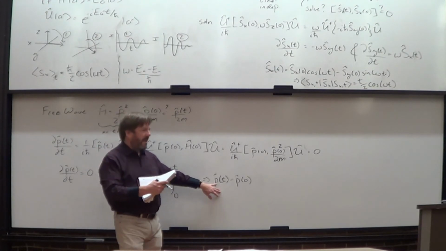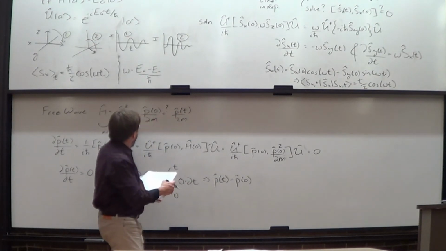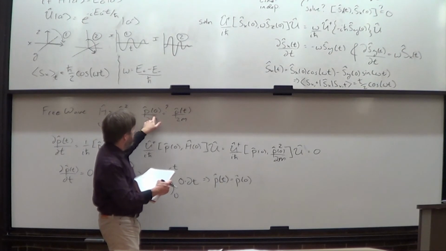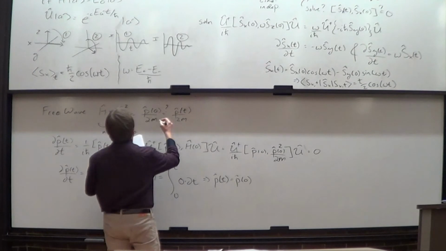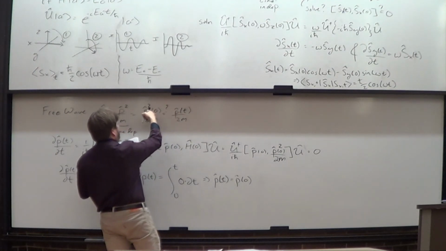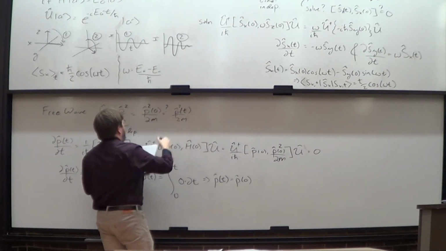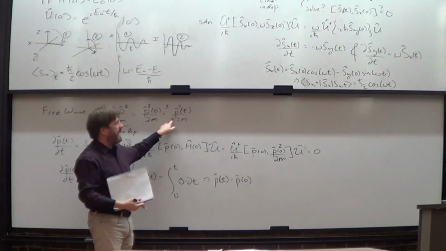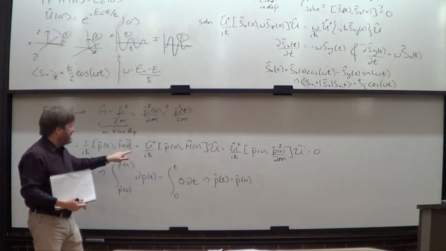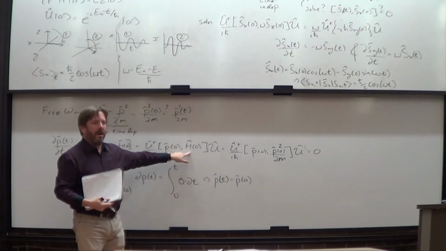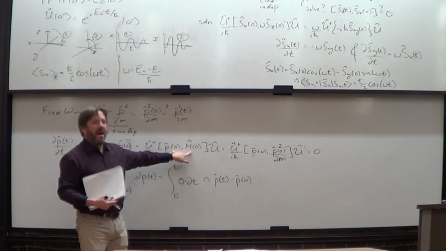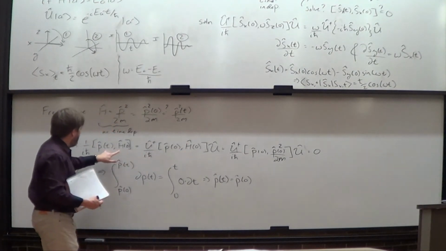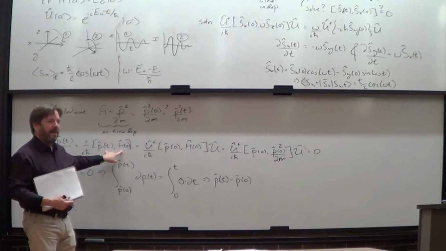If momentum is evolving in time, should I have done this? Should I have actually left it as P of t? If this is P of t, then it actually has to be P of t in here. And now I've got myself in a hamster wheel, because then I guess I have P of t here.